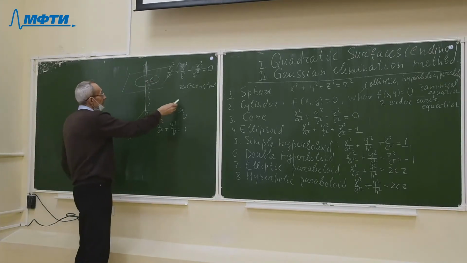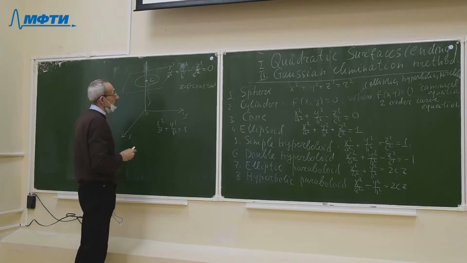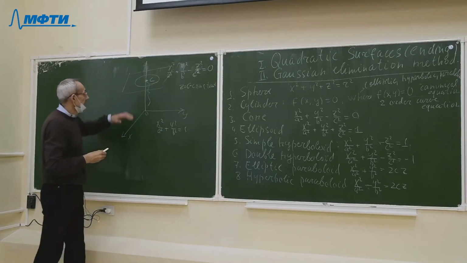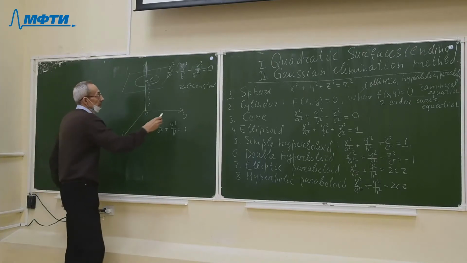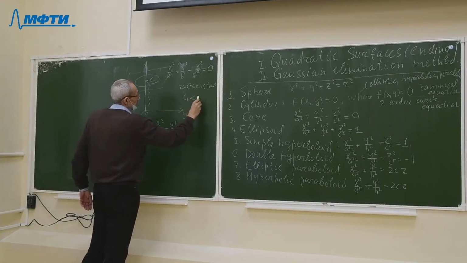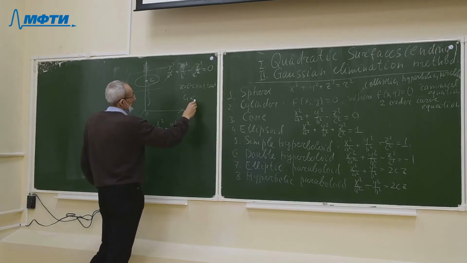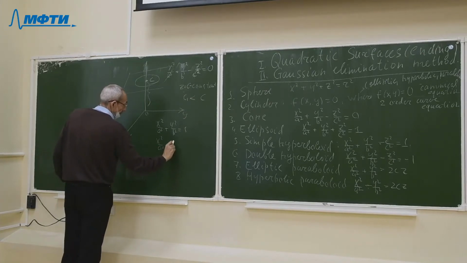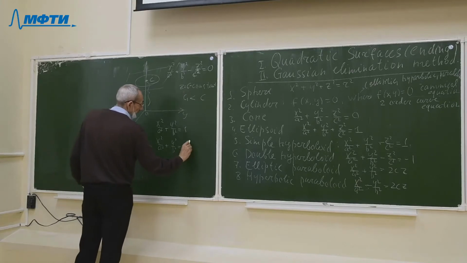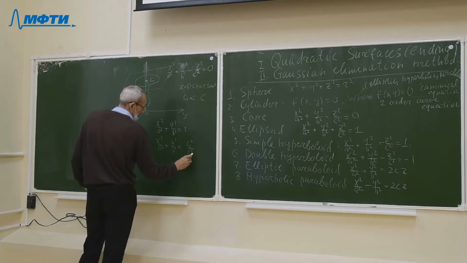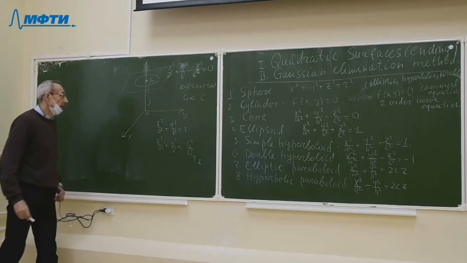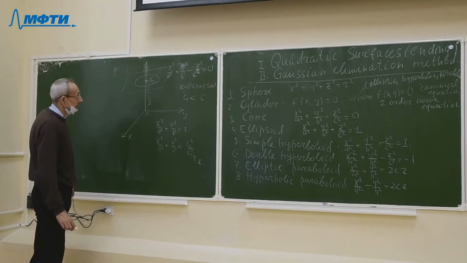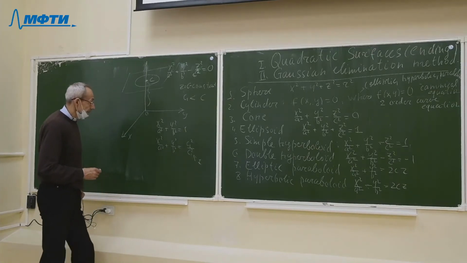If we change this plane and move it parallel to the coordinate plane, and let's consider c1 which is less than c, in this case we obtain the equation equal to c1 squared divided by c squared, which is some constant less than c.